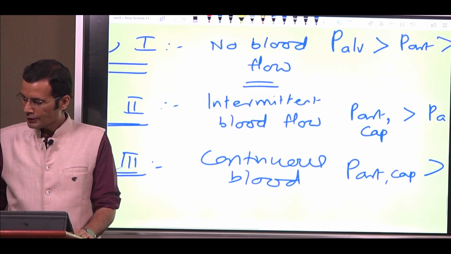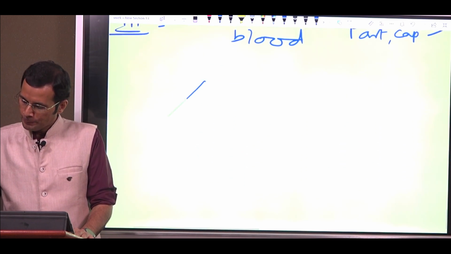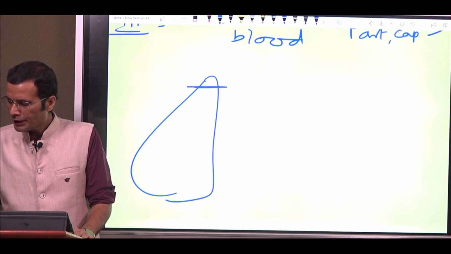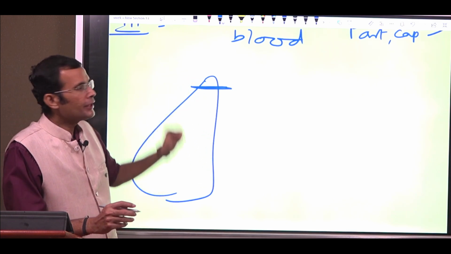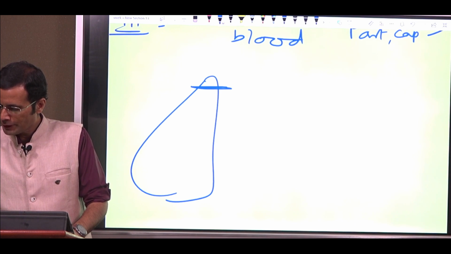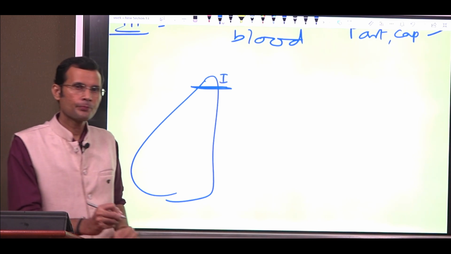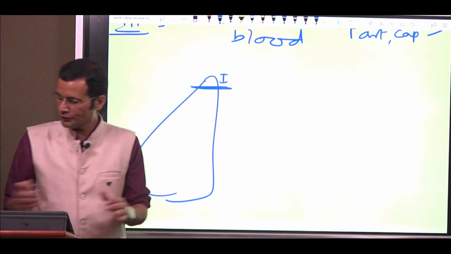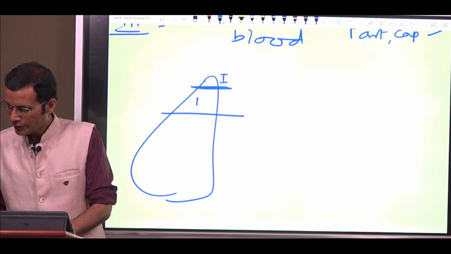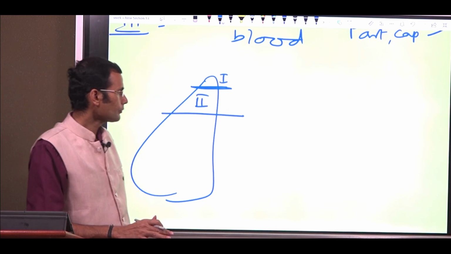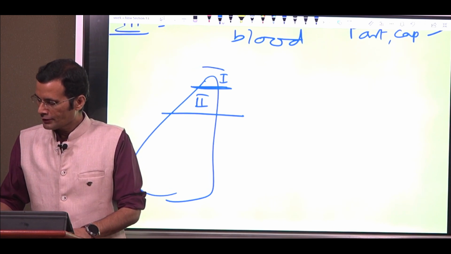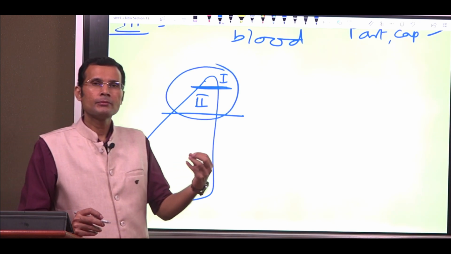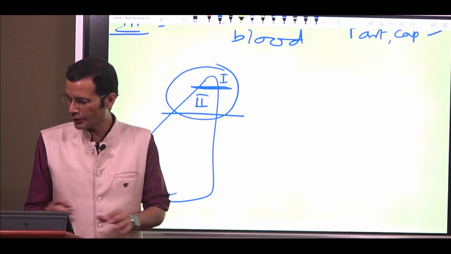Now you can see that in the very narrow region at the apex, there is a possibility of zone 1. But most of the upper parts of the lung have zone 2. So focus on this region: there is either no blood flow or intermittent blood flow.